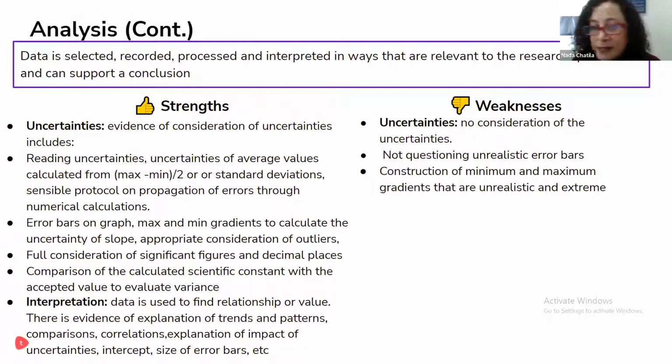That could be excellent. There is evidence that they explain the impact of the uncertainties. They refer to the size of the error bars. They refer to the y-intercept or the x-intercept. If the ideal relationship is direct proportionality, they would maybe comment on whether the origin is within the y-intercepts of the maximum and minimum gradients.